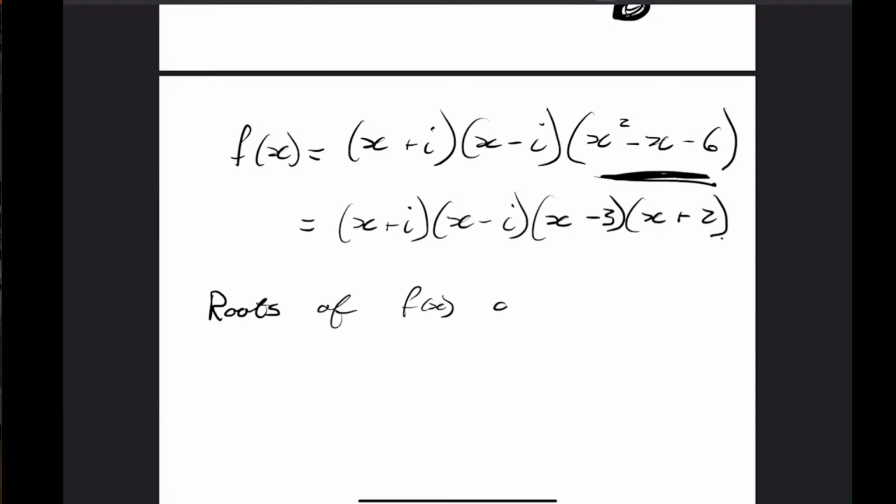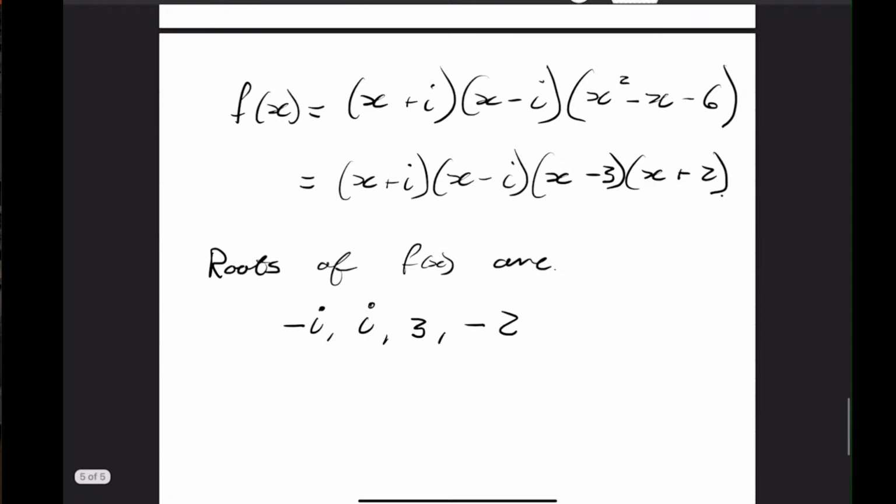They are minus i from that factor, i from that factor, 3 and minus 2. And here we have found all 4 roots of f of x.